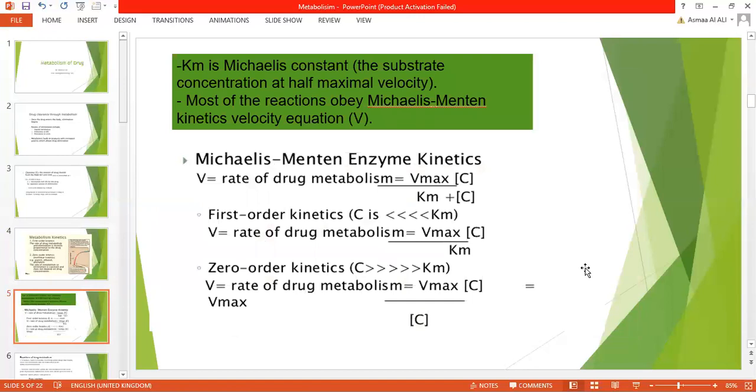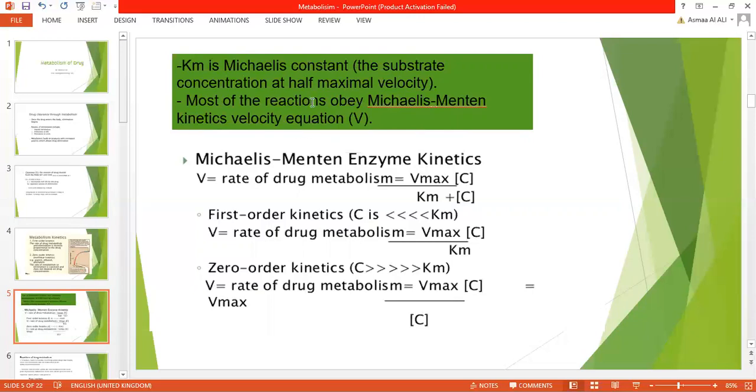Now, we have what is called Km, which is the Michaelis constant, the substrate concentration at half maximum velocity. And most of the kinetic reactions, especially first order kinetics, obey the Michaelis-Menten velocity equation.